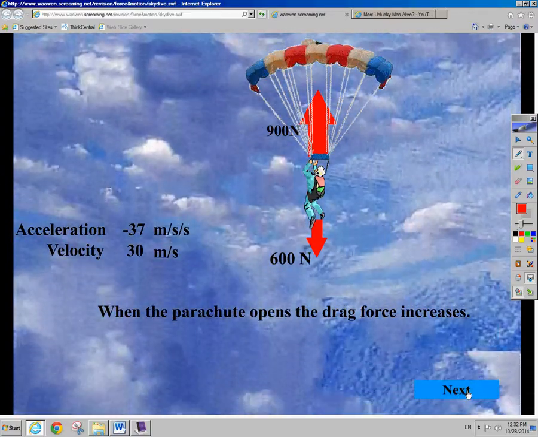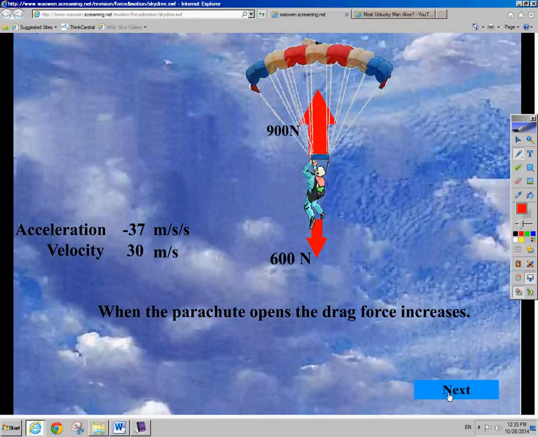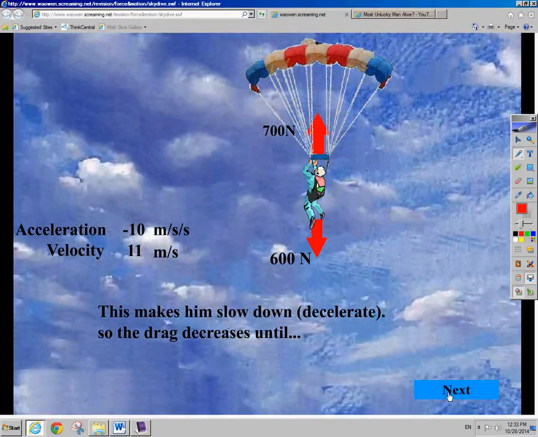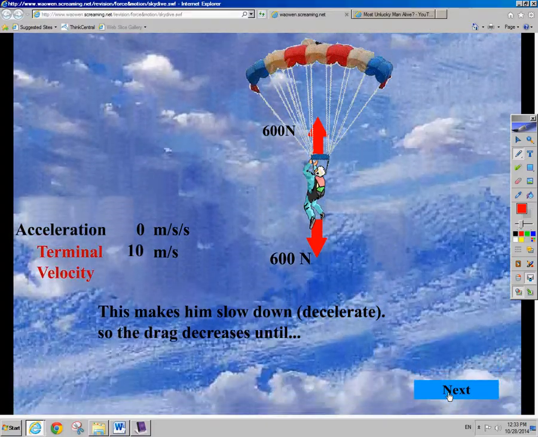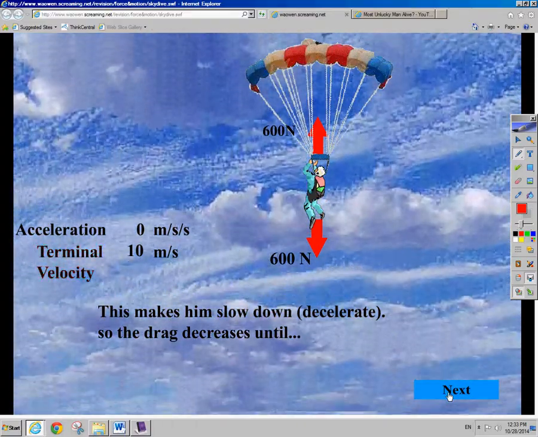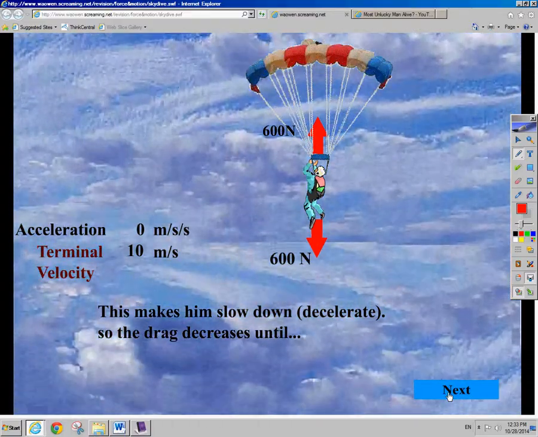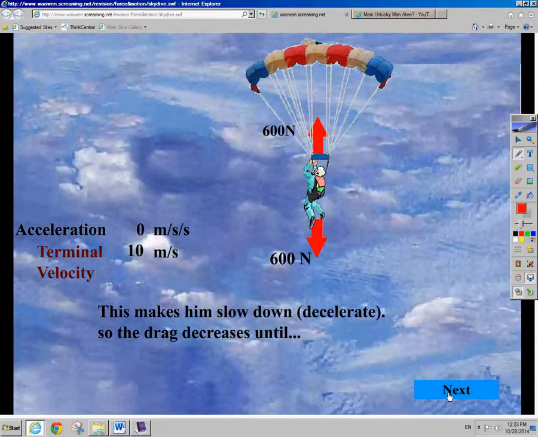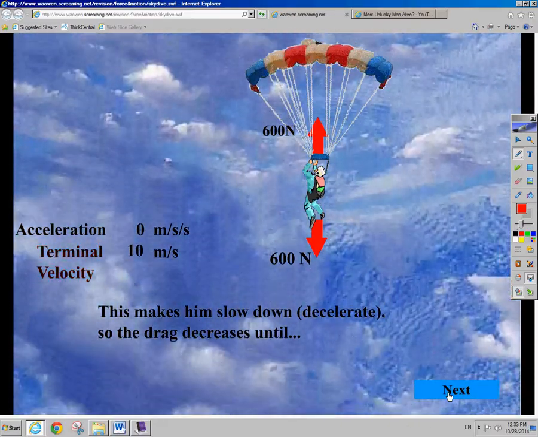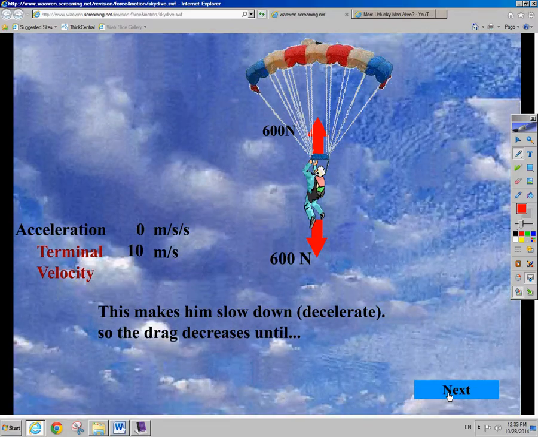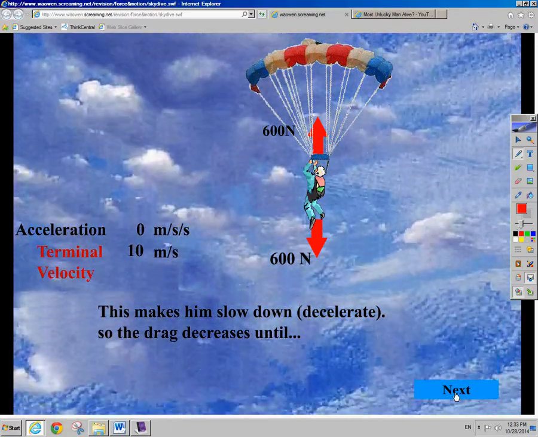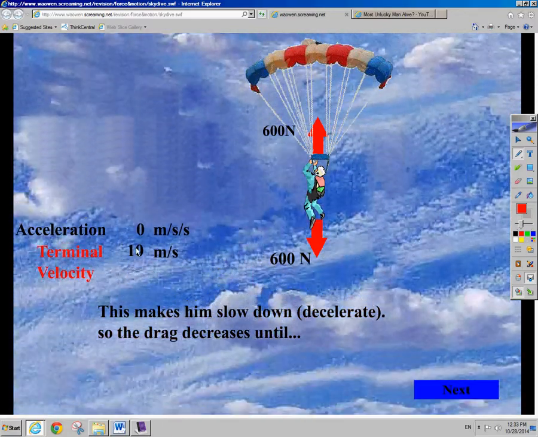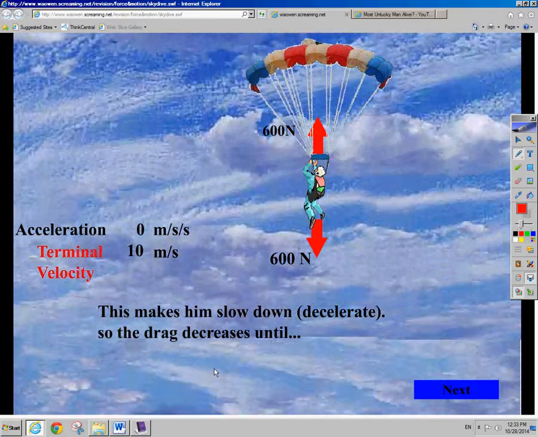But once this happens, once again, the air drag force will match the weight force, and the acceleration goes back to zero, and their terminal velocity is 10 meters per second.